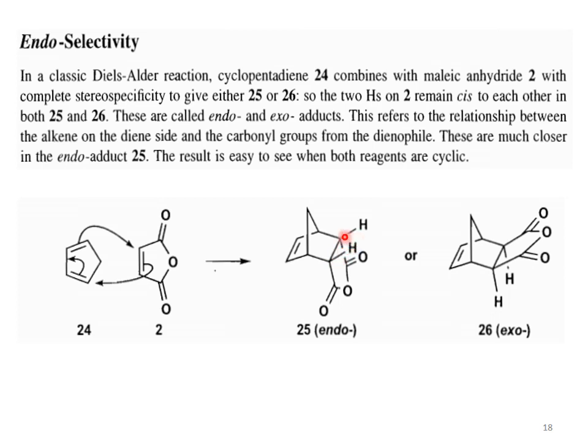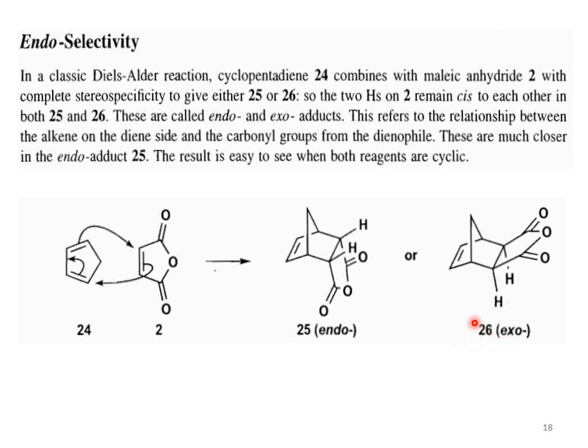The result is easy to see when both reagents are cyclic. If both are not cyclic, then the diene must be cyclic. If the diene is cyclic, then we can guess whether the product is endo or exo.